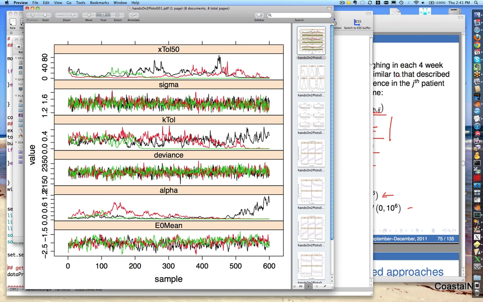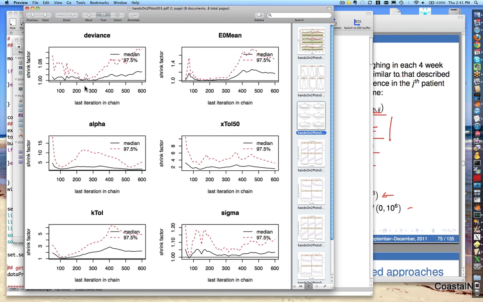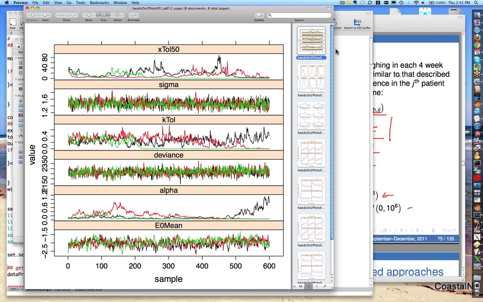And if you look at the deviance, which is a measure of model fit, that's minus 2 times the log of the likelihood, it's not that different for the different models. There's maybe a hint that the green one is a little higher on average than the others. Again, that might hint at something like an identifiability problem.